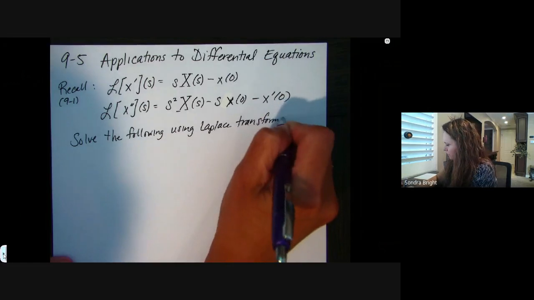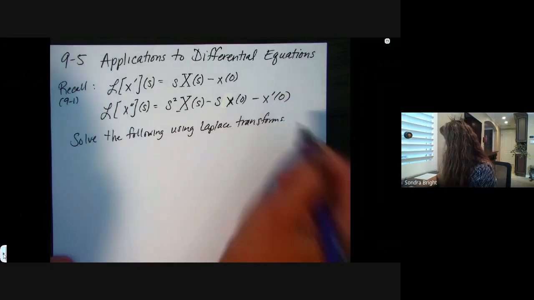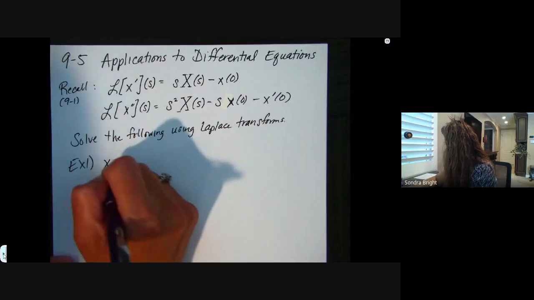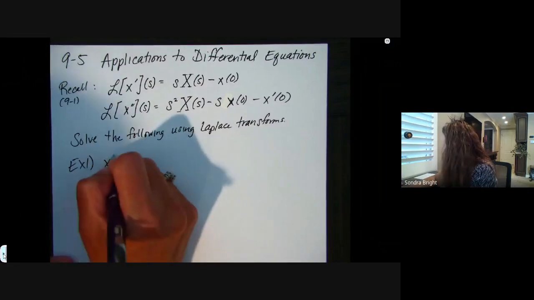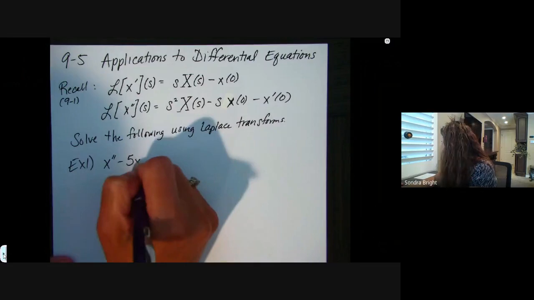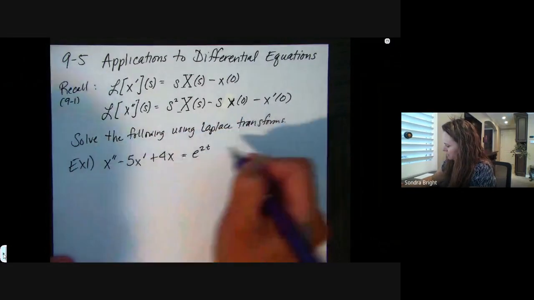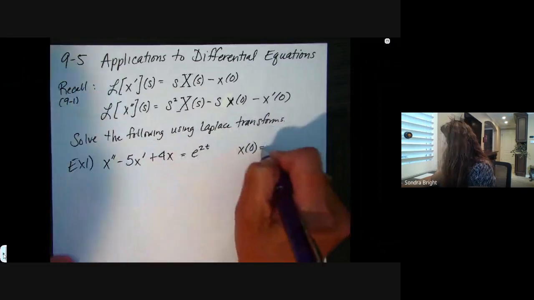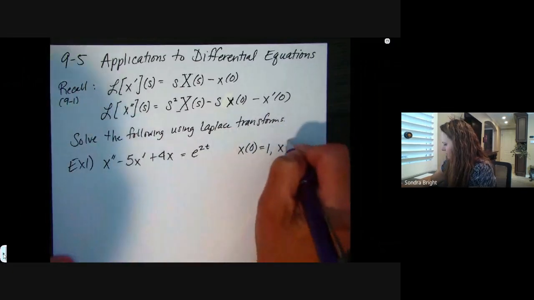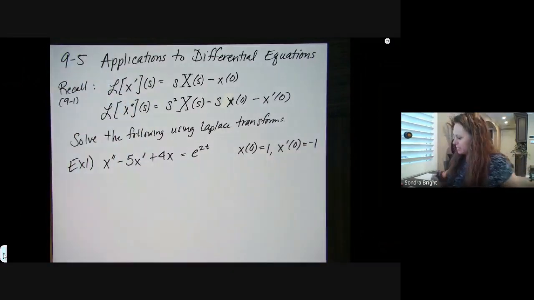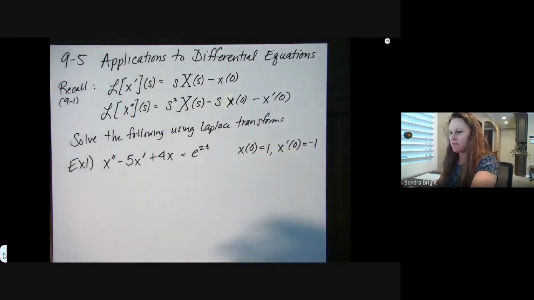Okay, so the first one is x double prime minus 5x prime plus 4x is equal to e to the 2t, and they also give us some initial conditions: x of 0 is 1 and x prime of 0 is negative 1.